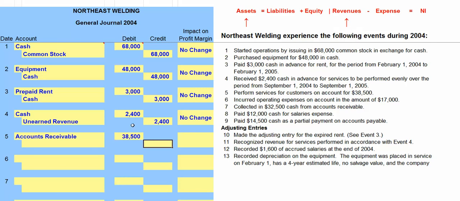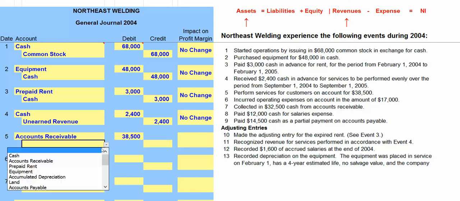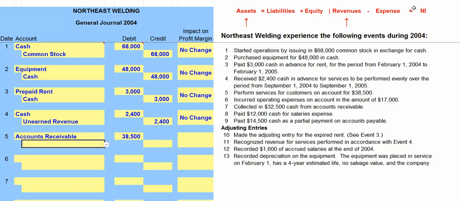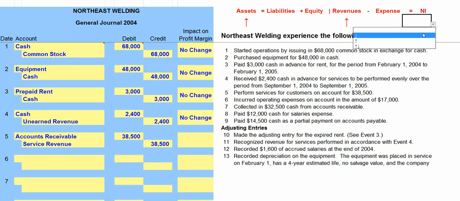So we have a debit to accounts receivable for $38,500, and we have a credit to service revenue for $38,500. The increase in revenues will ultimately lead to an increase in net income. And since net income is increasing, this will cause an increase to our profit margin.